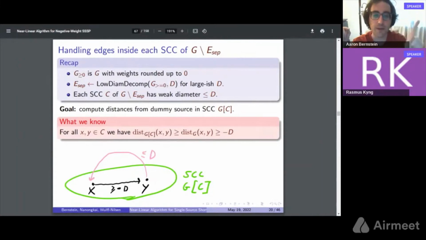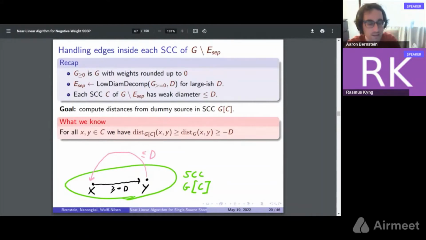In fact, that pink path is in G greater than or equal to 0. So even after you rounded up all the weights, there's still a path of length less than or equal to d. So now if you also allow negative weights, that path might be even shorter. But for sure, there's a path of length at most d from y to x because they're in the same small diameter SCC. But we also know there's no negative weight cycle in the graph. And so the path from x to y must be at least negative d, because otherwise you'd have a negative cycle. That's the whole argument.